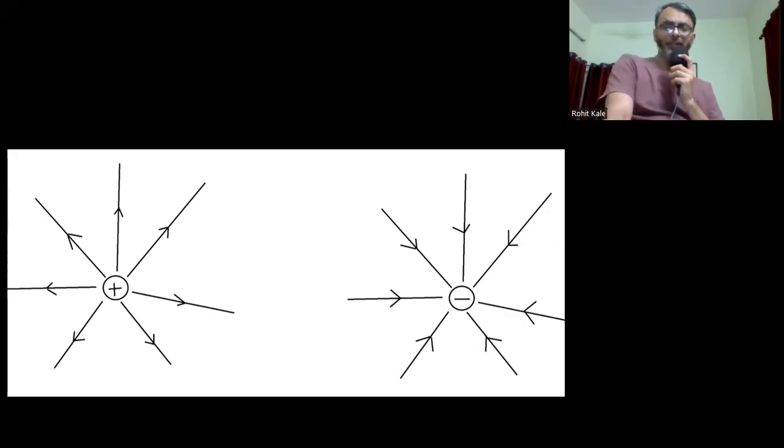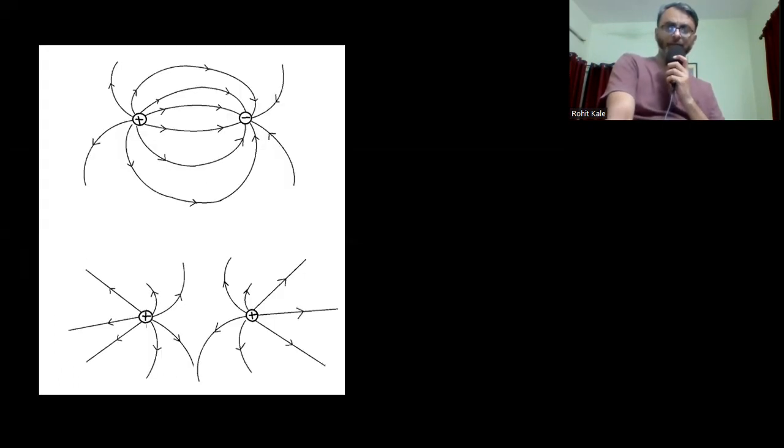Till here we are a bit clear, there's no confusion yet. If the positive and the negative are there, then the lines of forces match, and that's why they attract each other. But if two positives or two negatives are there, the lines of forces will not match, so they will repel each other.